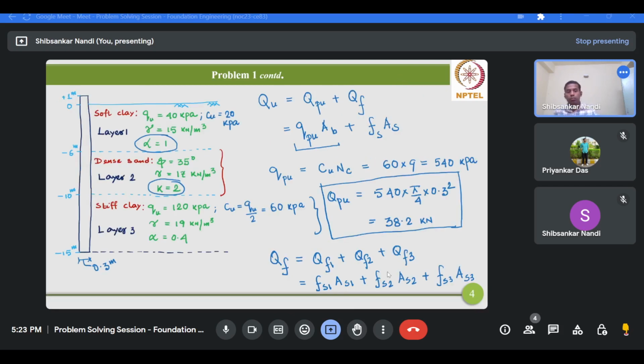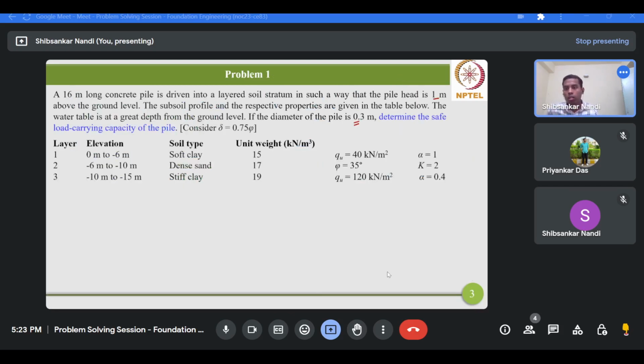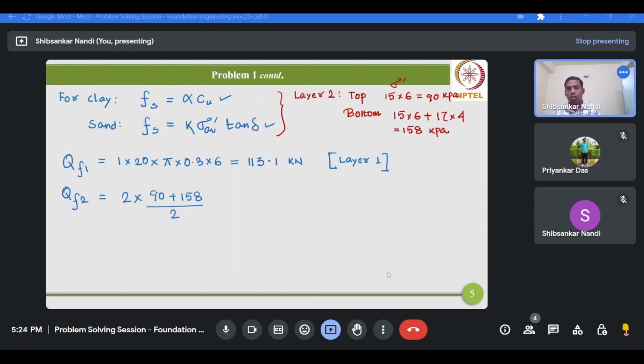Okay, we have got the average effective overburden pressure for layer 2 as 90 plus 158 by 2. And I think it's clear how we got this 90 and 158.